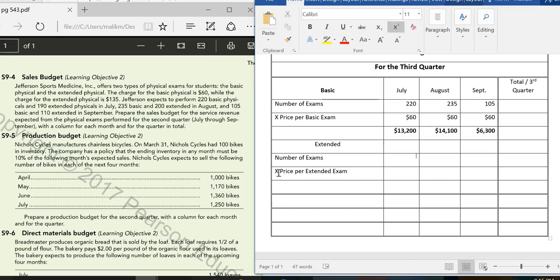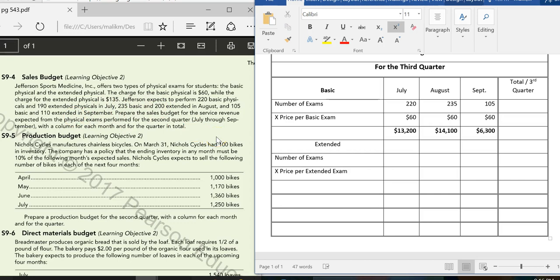And let's see what their projections are for the extended exams in July, August, and September. Actually, they are expecting to perform 190 in July, 200 in August, and 110 in September.